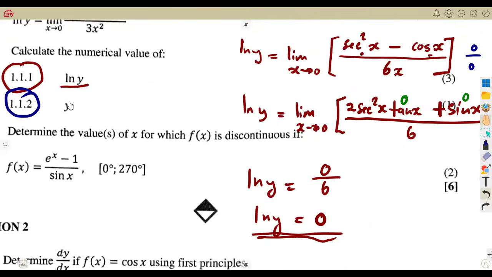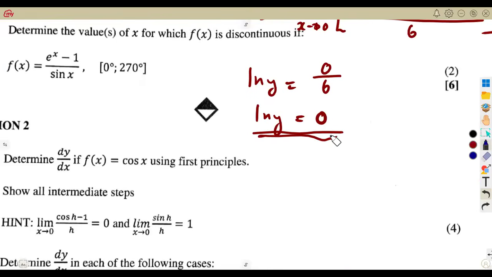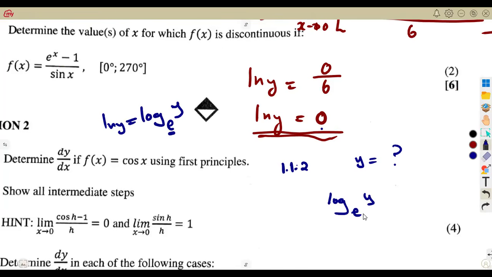The numerical value of y this time. We got the numerical value of ln of y, but this time they want that of y. What is the value of y? Remember, I was explaining that the ln of y as we see it is simply a logarithm in the base of e. So understanding that it is the logarithm in the base of e, which is equal to 0, we can determine the value of y.